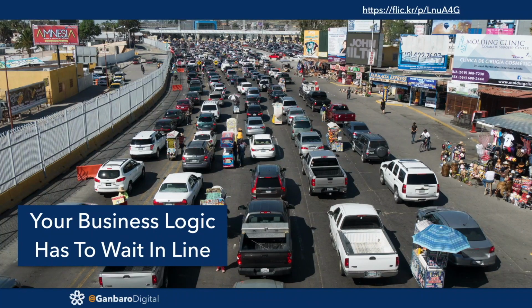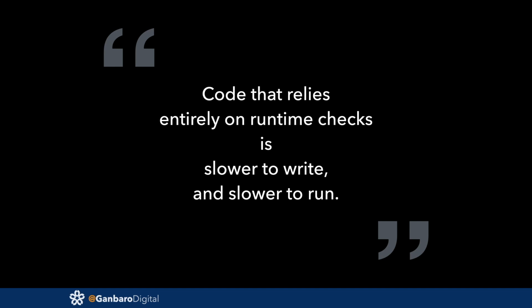Effectively, your business logic is stuck in a queue behind all this other code to run. So we can say that code that relies on runtime checks is slower to write because someone's got to write all those checks, and it's slower to run because the computer's got to run them. It's no wonder people don't practice defensive programming.